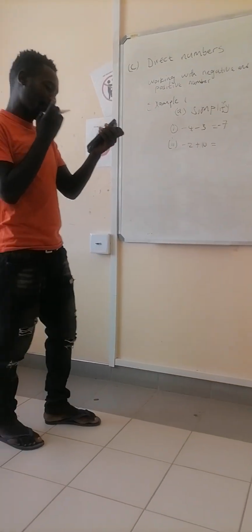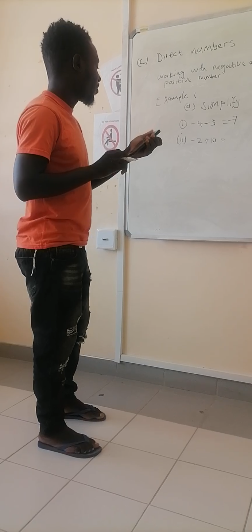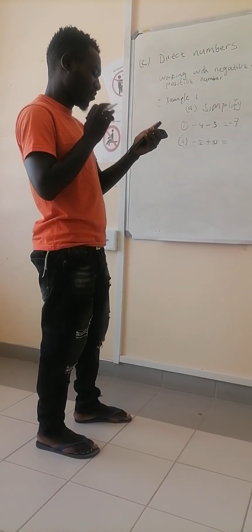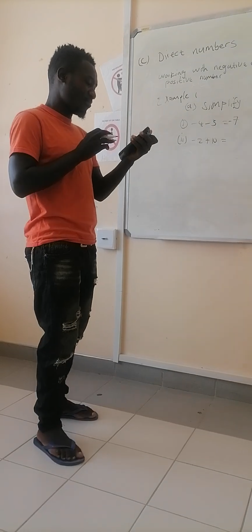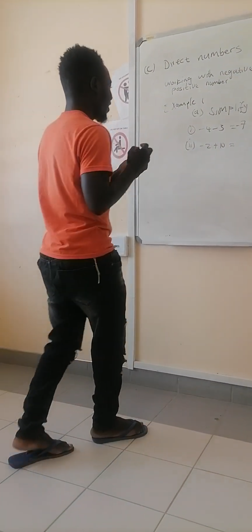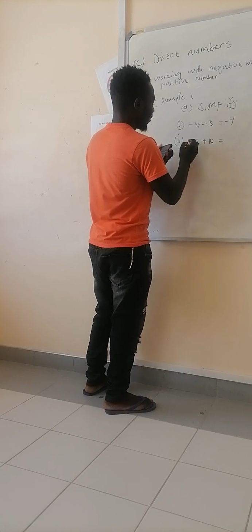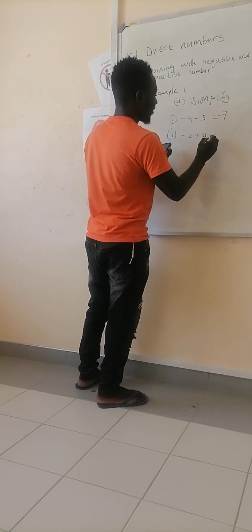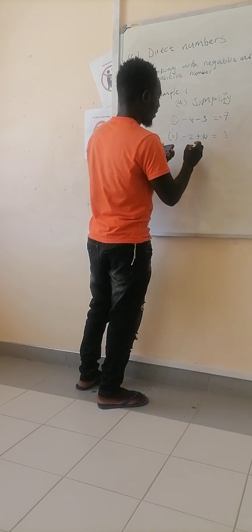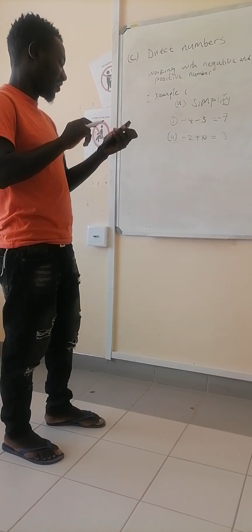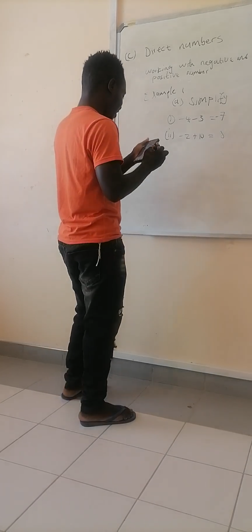Now when it comes here, we have to add the numbers, but we should always keep the sign in front of the bigger number. So here it says negative 2 plus 10. So this is equal to 8. And the sign for the bigger number is 10. So let's go to example 3.